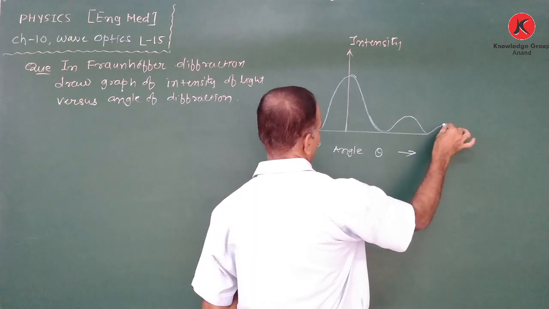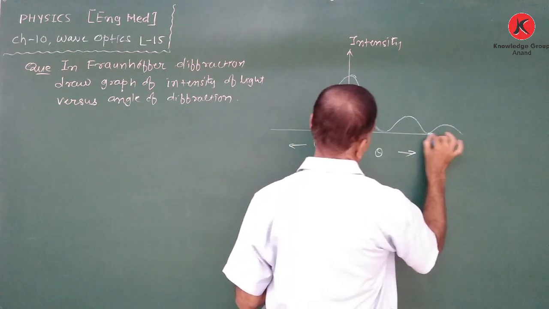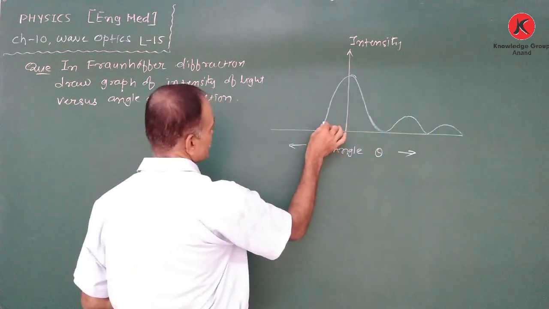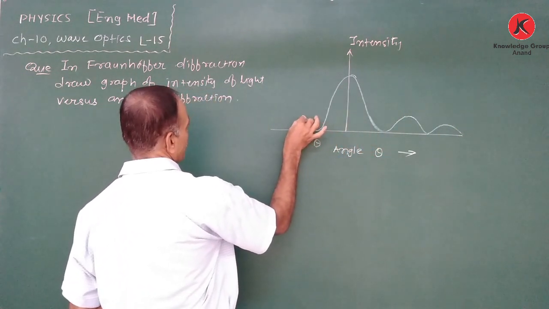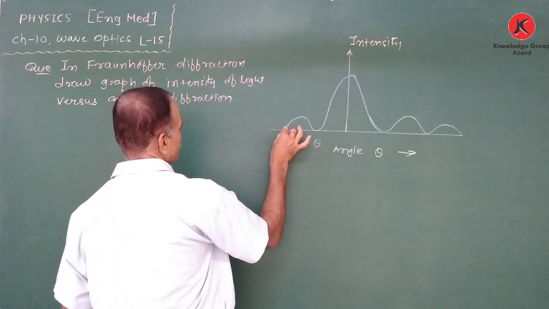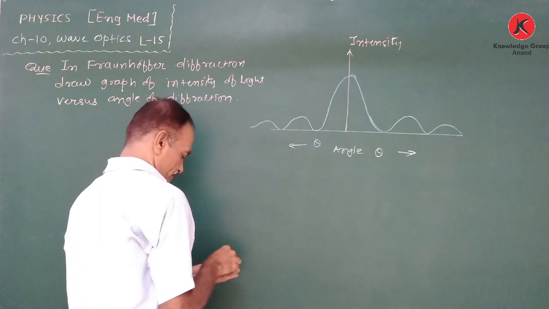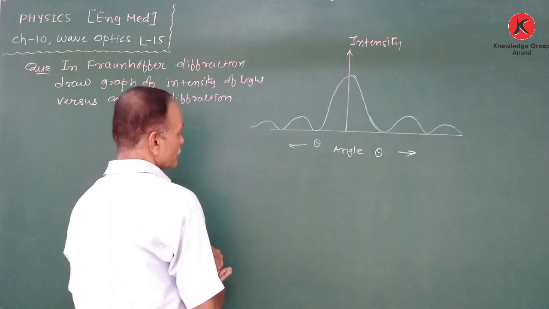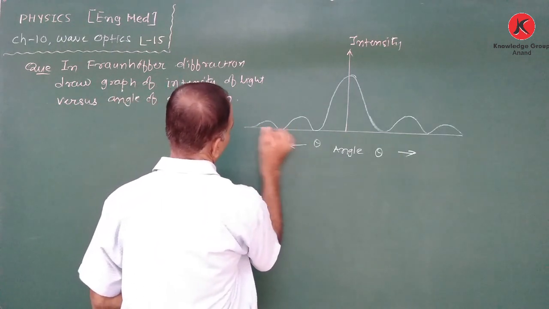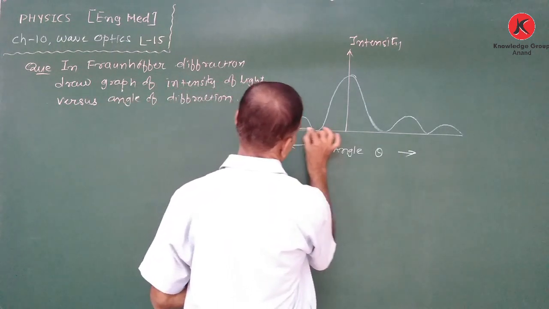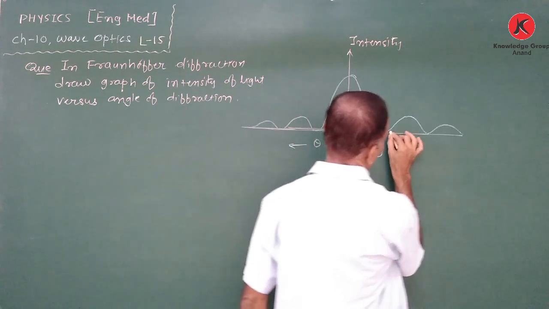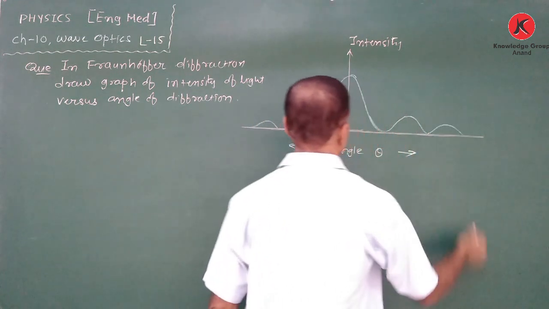Next is one fifth. This way the intensities are obtained, that means it decreases with increase in angle of diffraction. So this is the graph of intensity versus the angle of diffraction.